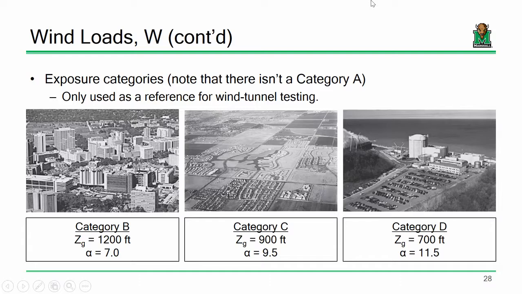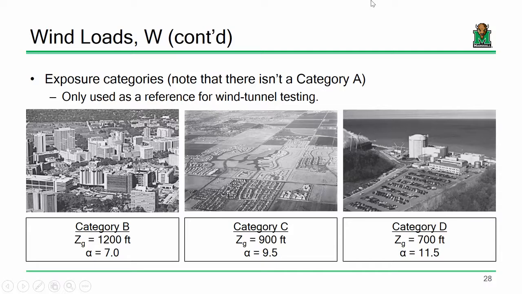There's a lot of other structures and facilities in the way that might disturb that wind speed. Whereas exposure category C is almost like farmland or rural areas out in the middle of nowhere. I mean, think about it. If I had a 1,000-foot tall building, you think it's going to see different wind loading here versus here? So, I mean, it's a different story, okay?